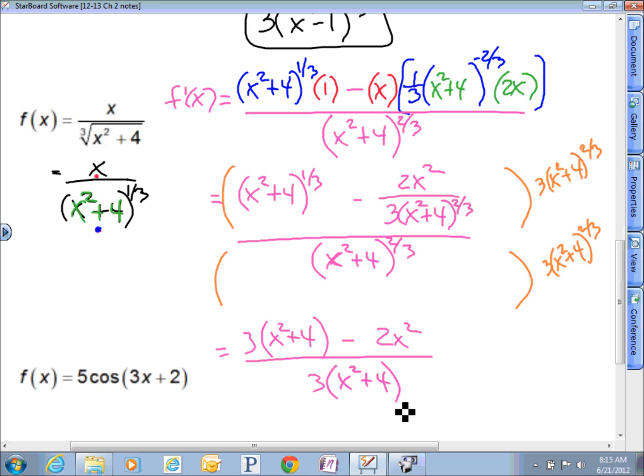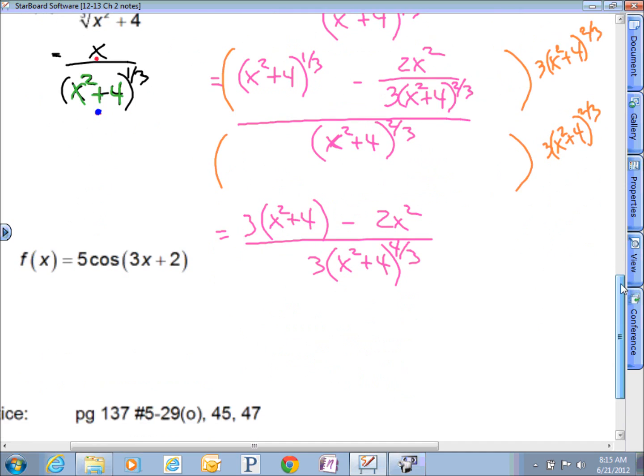What's the new power on it? Well, 2/3 plus 2/3 would be 4/3. Can I cancel the 3's? No, because I can't get one out of all the terms. The 2x squared doesn't have one. Can I cancel the x squared plus 4's? No, again, because the 2x squared doesn't have one. So my only choice is to clean up the numerator and put my like terms together.